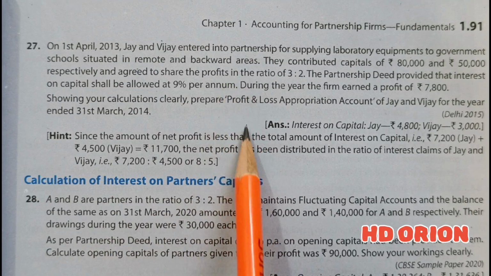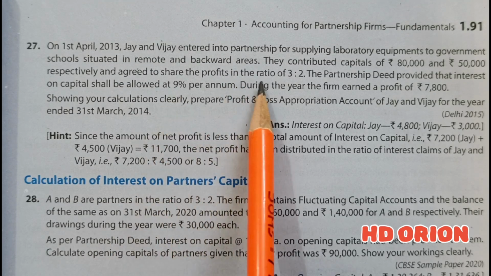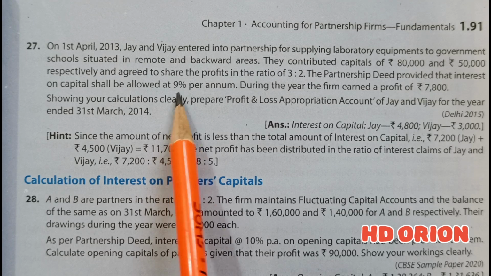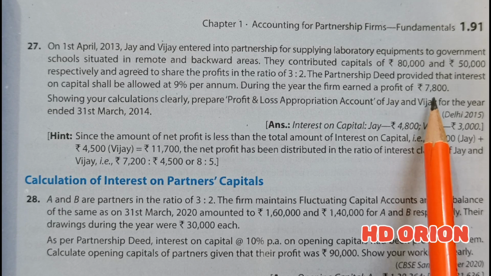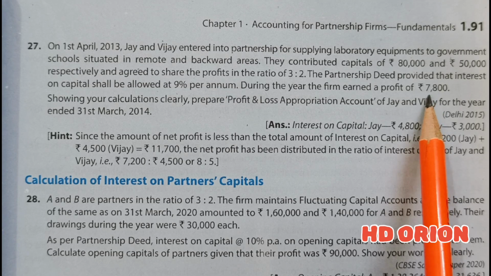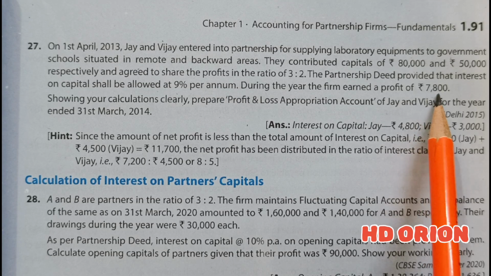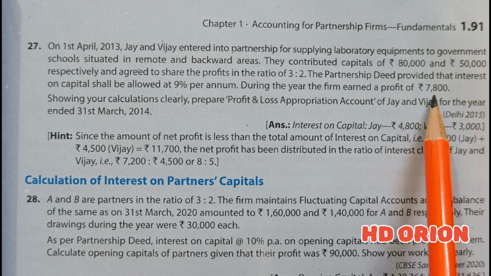Now, looking at the question and the information given here, that is 9% and the capital balances here, this profit is not enough to give 100% interest on capital to partners. That is the thing which we have to see in this question. Fine, that is the catch here.